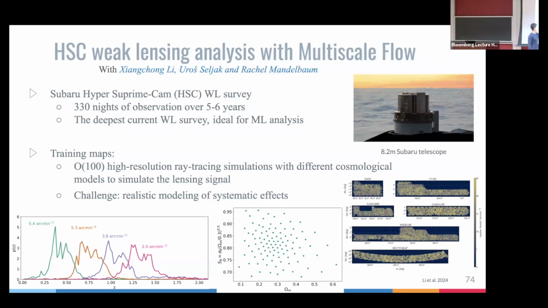Here I'm just showing the distribution of our simulations in the cosmological parameter space, and this is the source galaxy distribution. You can see 4 tomographic bins. And the HSC year 3 data comes with 6 subfields, which is shown here.